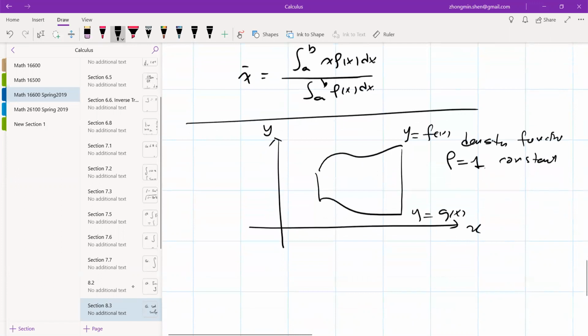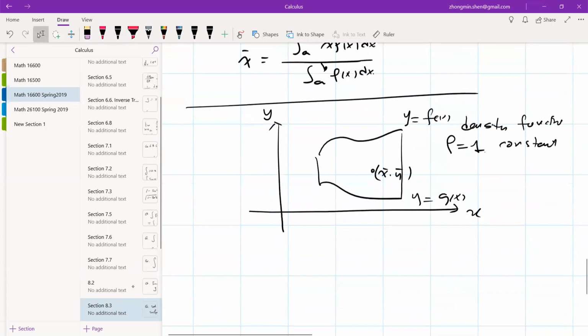The second formula is a little bit more complicated. It's harder to understand, so let me write the formula first. In the book, you are given the following formula.